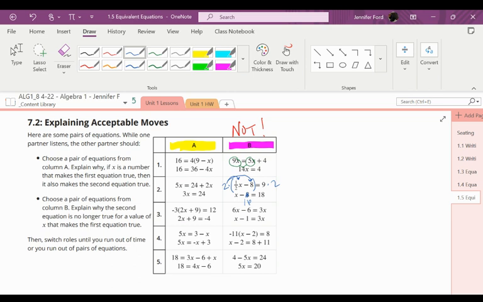Okay, number 3 is similar, but I need more space in this. So 6x minus 6 equals 3x. I'm looking at this and I see that they have this x minus 1 here. And I know that x minus 1, if I did times 6, would get me to 6x minus 6.